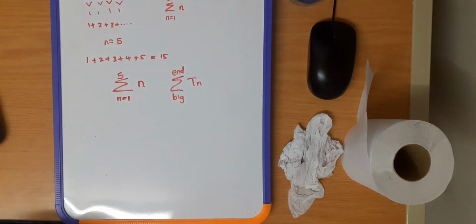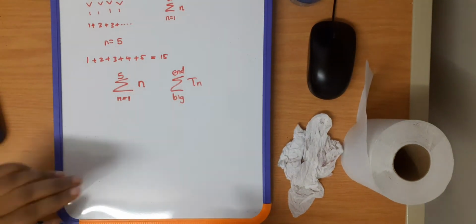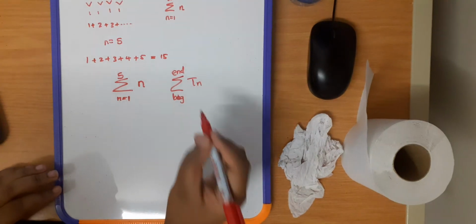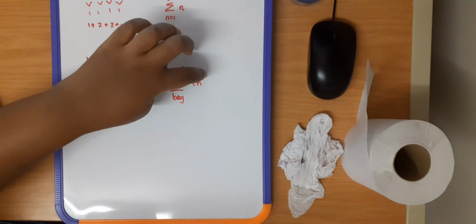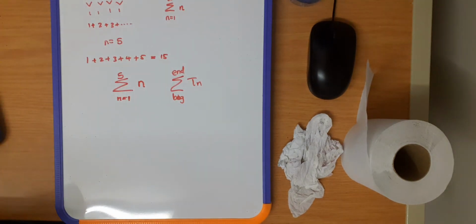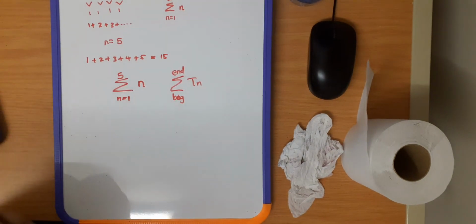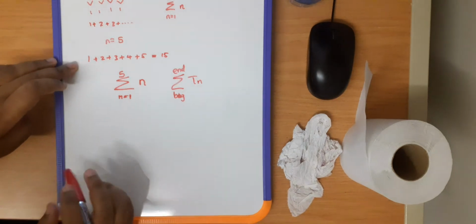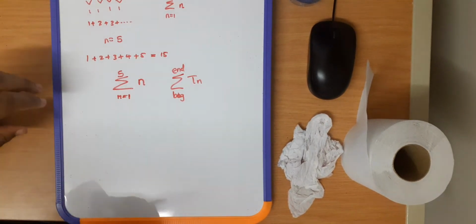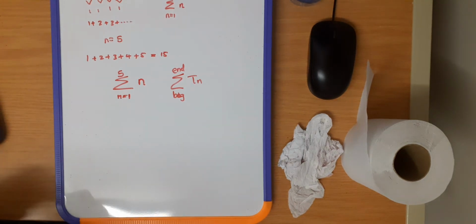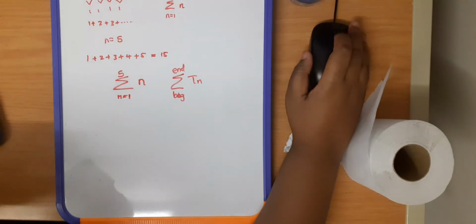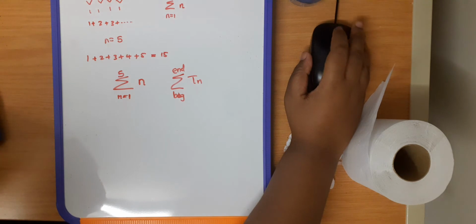Just think about it that way: the beginning, the end, and the Tn. We can have multiple examples of this. In an arithmetic sequence it's usually very straightforward, showing its beginning and its end.